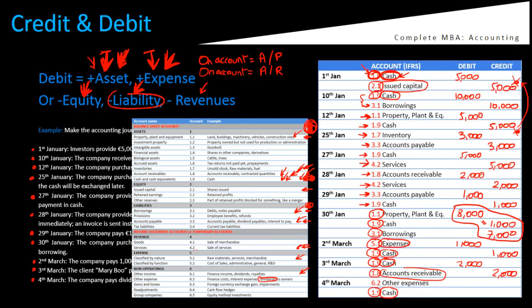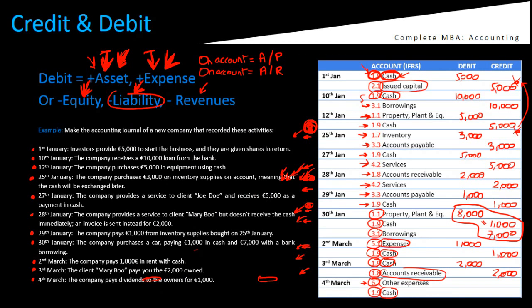So this is where usually dividends go. You identify that one and put it. Now to identify which one is the debit, we see that dividends is an expense, and we're increasing an expense, so therefore that is the debit.